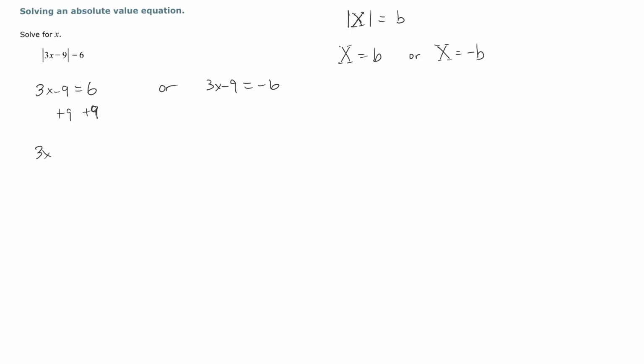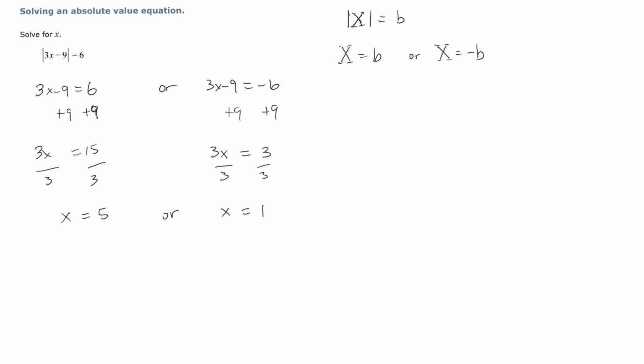So we have 3x is now equal to 15, divide the entire sides by 3, x is now equal to 5. Or what? Well, we could add 9 to both sides of this equation, and we get 3x is now equal to 3, and you could divide the entire sides by 3, and you get x equals 1.